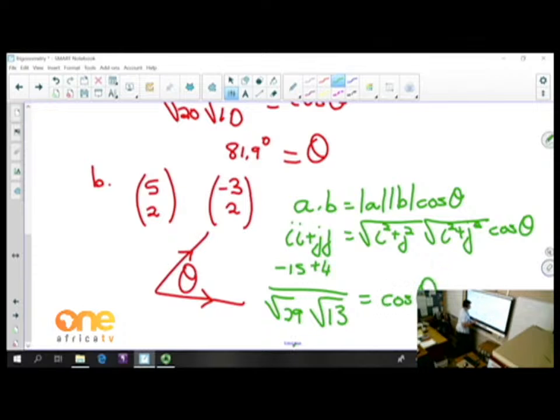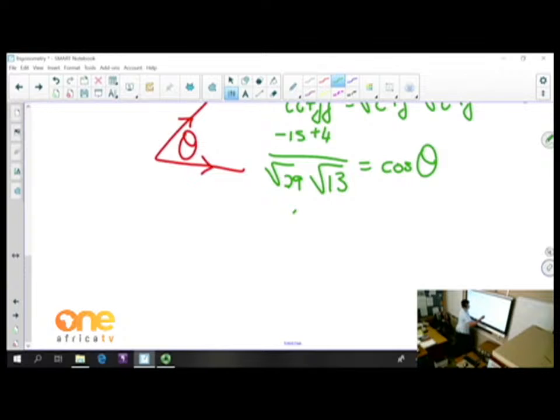And now we can do the calculation. Second function cosine, you divide here. My answer is 124.5 degrees. Again, there's a negative there. That's why I have a negative answer here. It's an obtuse angle that you will get there.